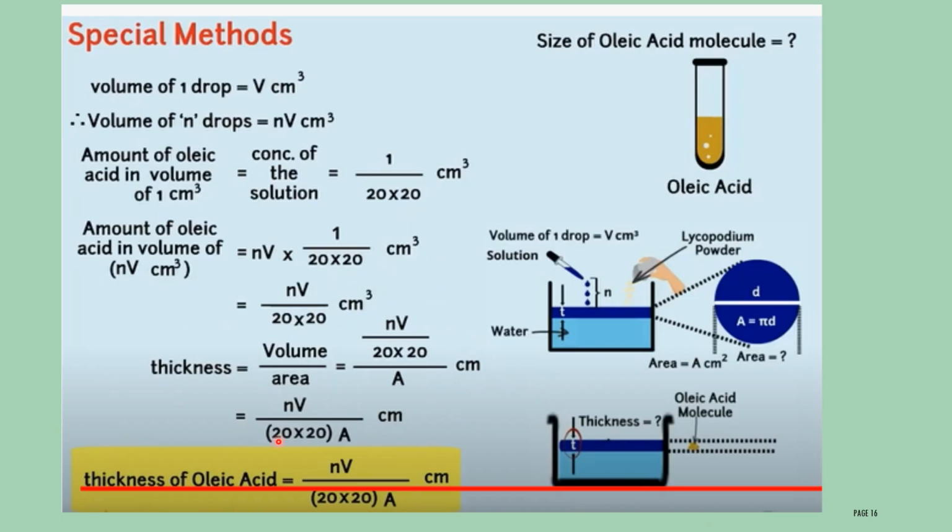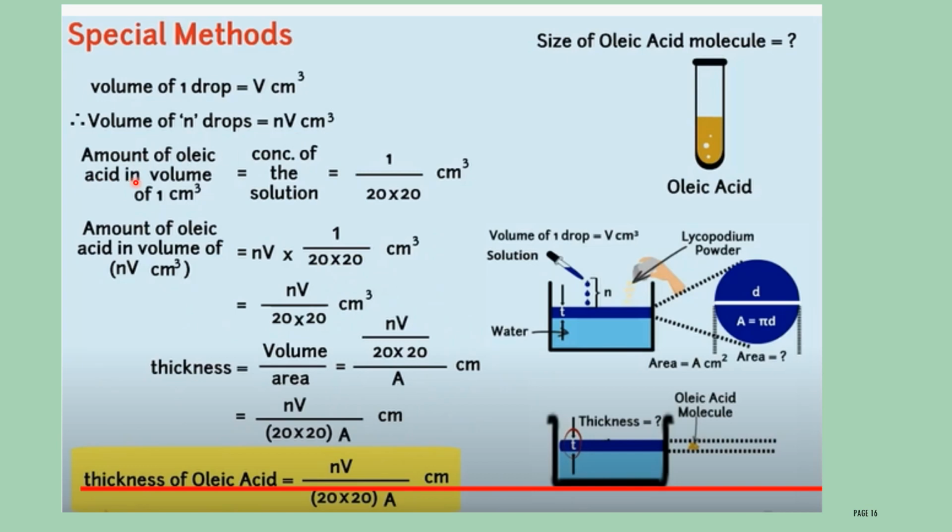Let us calculate the thickness of oleic acid mathematically. The volume of one drop is V cm³. We don't know the volume of one drop, therefore consider it as V cm³. Then the volume of n drops will be n × V cm³.